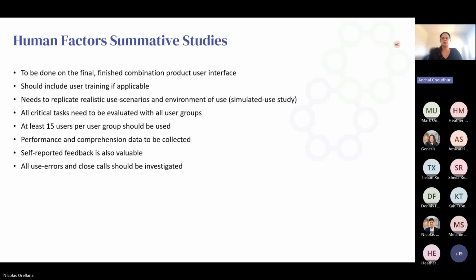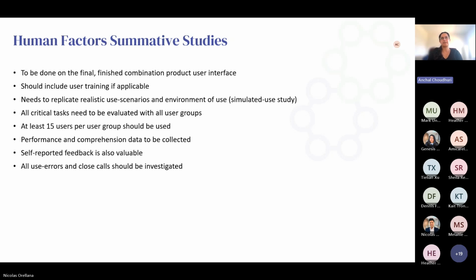In addition to that knowledge task study, a lot of times the last part of the study will end with asking for self-reported feedback from users to understand, did they think that the product was easy to use.